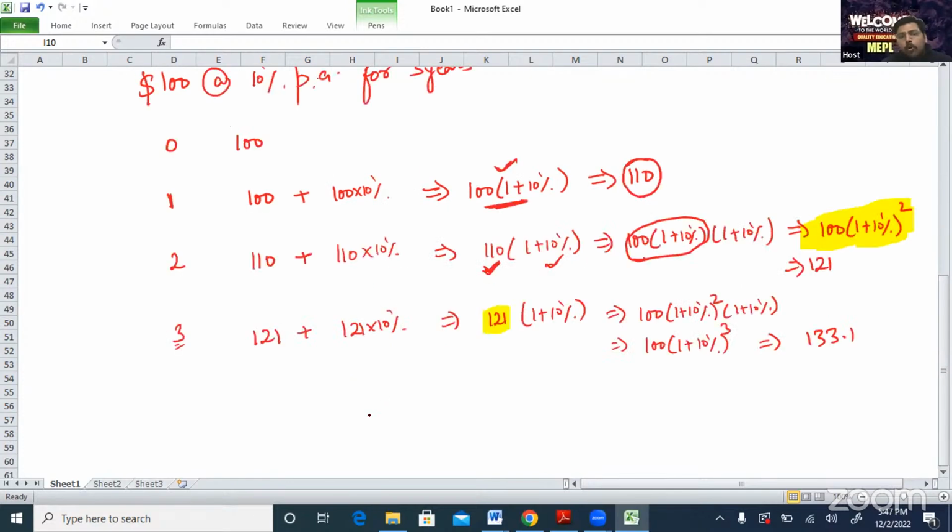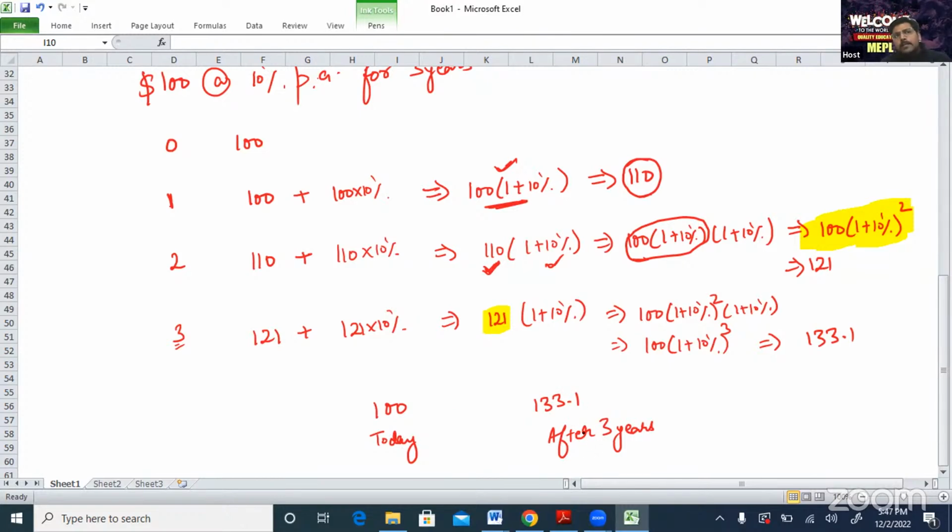Now if someone gives me an option that you receive 100 rupees today, or you receive 133.1 after 3 years. मान लीजिए मुझे आपको पैसे देने हैं, and now I say that I can either give you 100 today, or I can give you 133.1 after 3 years.